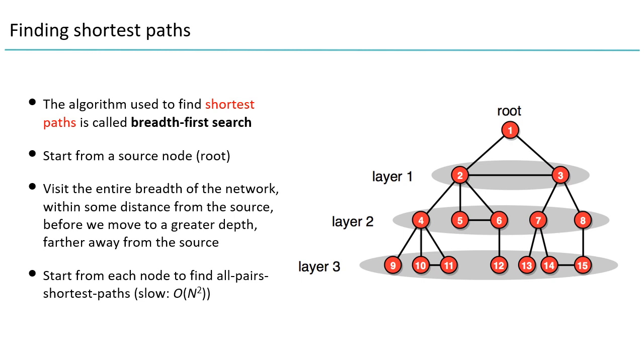So you connect this node in the second layer, and finally you can find the unvisited nodes, this one. Then you can find from the root: the first layer has shortest path length 1, the second layer has shortest path length 2, and the third layer has shortest path length 3. That is your method for finding the shortest path.